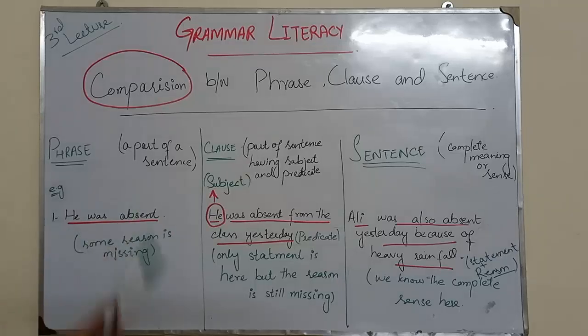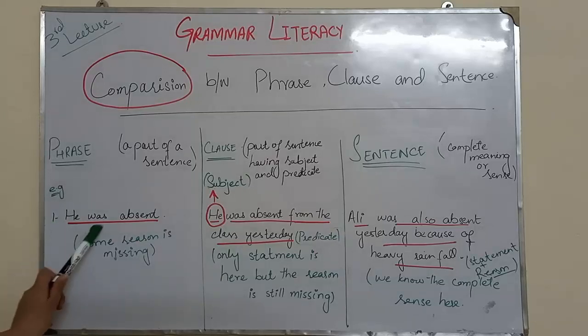He was absent. Who was absent? Why was he absent? Or from where was he absent? These three questions arise in my mind while just looking at a part of the sentence, he was absent, that something is missing.